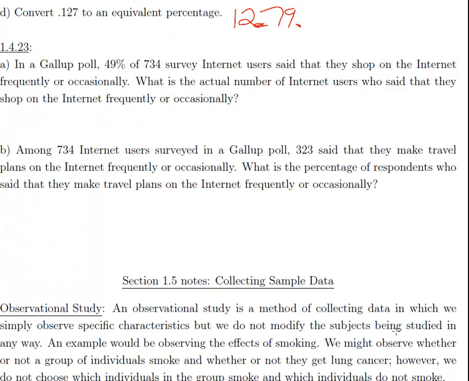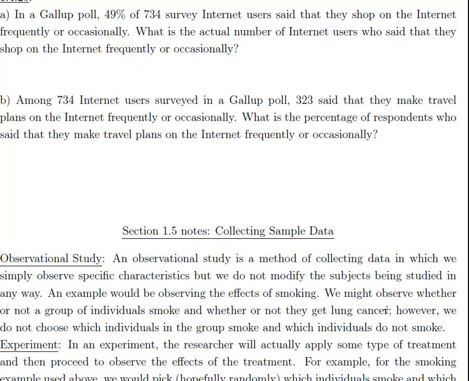Okay, then a couple word problems to finish off this section. In a Gallup poll, 49% of the 734 surveyed internet users said they shop on the internet. What is the actual number of internet users who said that they shop on the internet frequently or occasionally? Okay, so we just want to figure out 49% of 734.